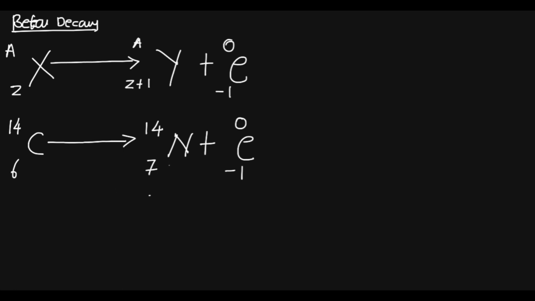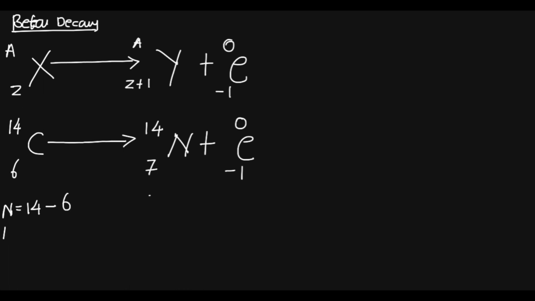Now let's try to analyze what has happened here. Let's find the number of neutrons for carbon. So we said neutrons is equal to the mass number, in our case 14, minus the atomic number 6.